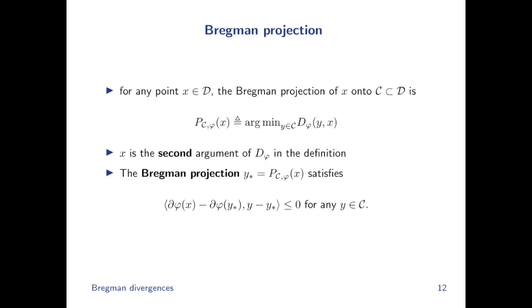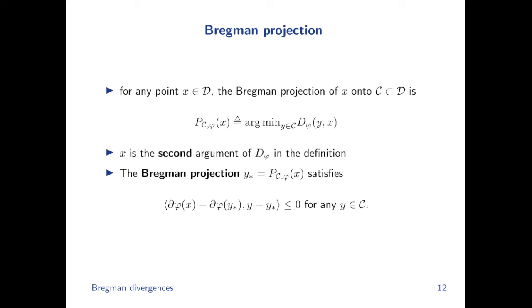Given that a Bregman divergence is some notion of distance, it's not a proper distance function per se because it doesn't satisfy the triangle inequality, it's not symmetric, and so on. But if it intuitively encodes some notion of distance, then you can use it to define projections by simply asking for the minimum distance points.